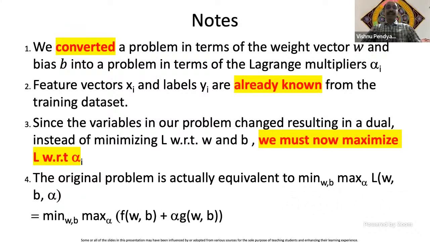Because if we find the Lagrange multipliers, we will be able to classify a new data item, knowing the Lagrange multipliers and the support vectors. The feature vectors xi and labels yi are already known from the training data set, right?